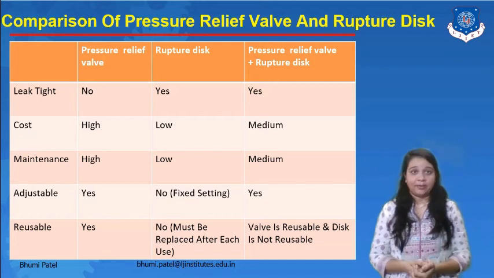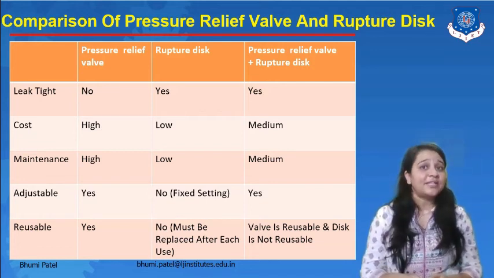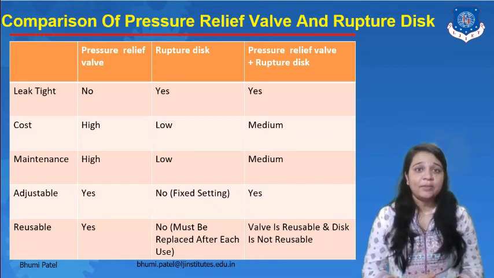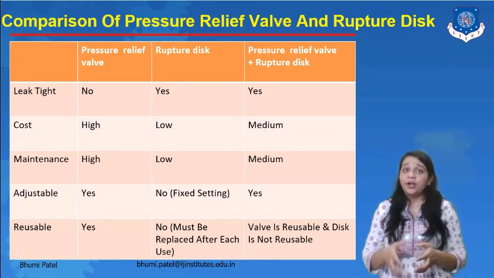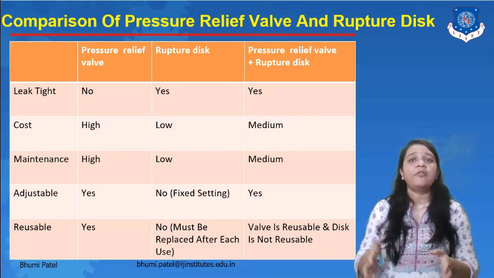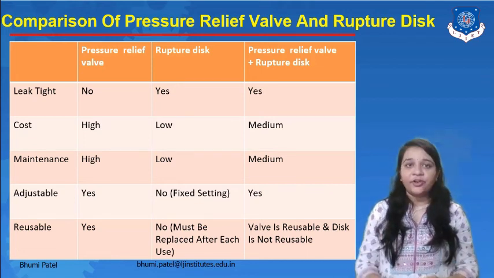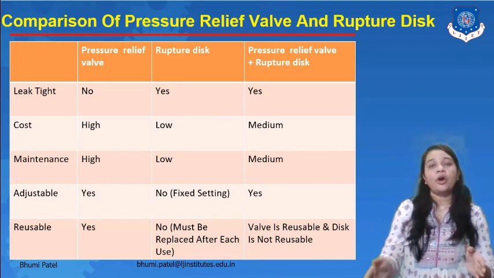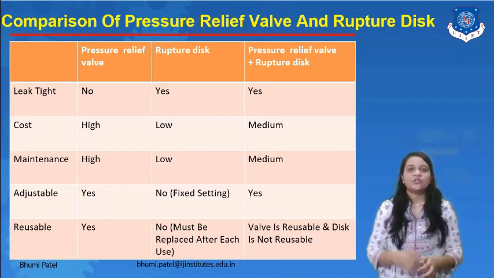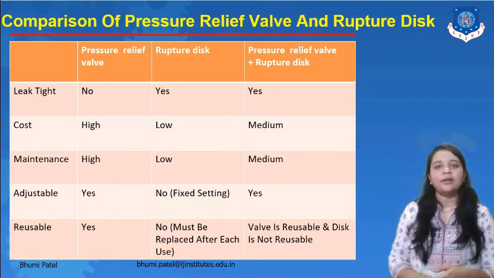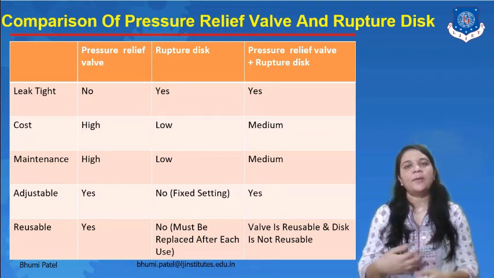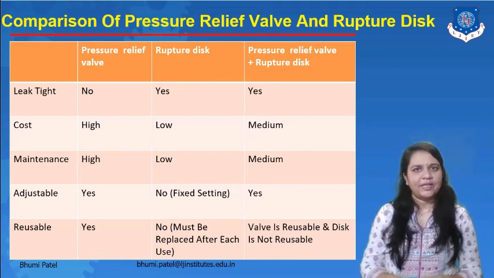Now adjustable. Pressure relief valve is adjustable in every control valve. Rupture disc is not adjustable in every control valve because the valve mechanism in different control valves is different. So the rupture disc mechanism or its construction is fixed, so it does not fit in every control valve. But if we use a pressure relief valve as well as a rupture disc, it is adjustable.